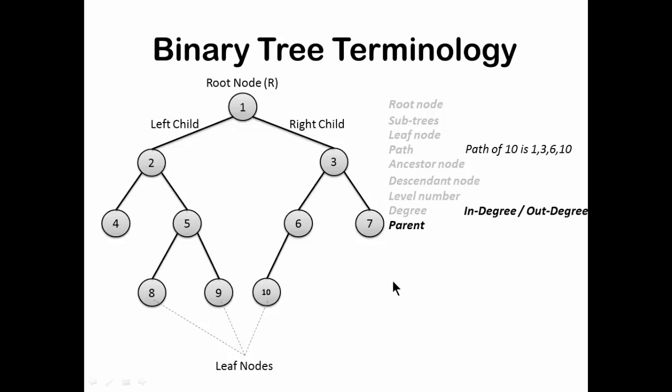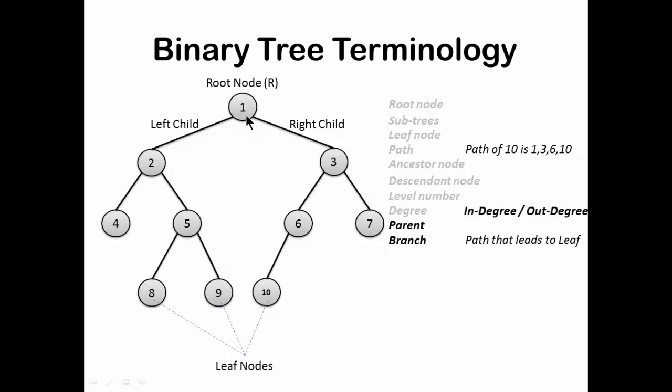Parent is the name given to the node which is one level up as compared to the asked node. So there is no parent to root, but 2's parent is 1 and 3's parent is 1. 6's parent is 3, 7's parent is 3. Branch, it is any path that leads to the leaf.